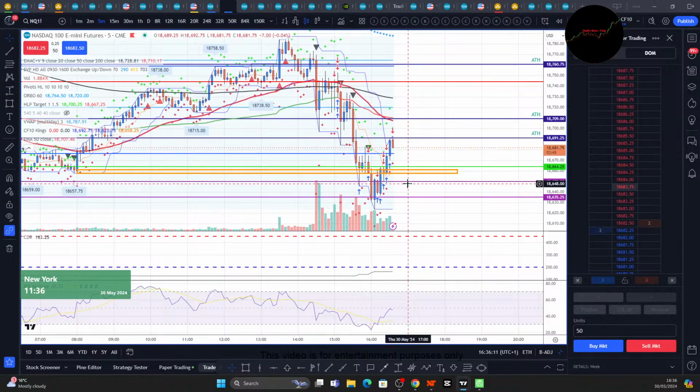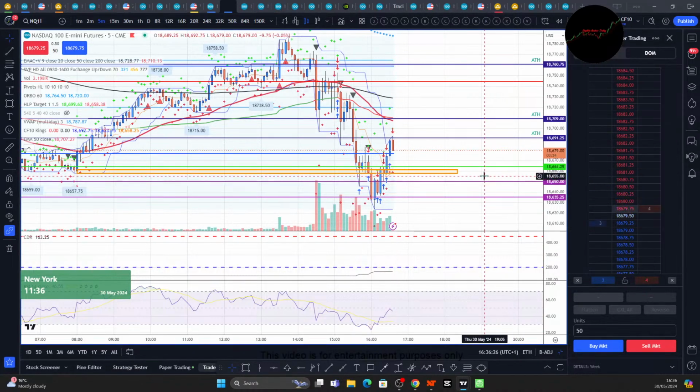Let's just have a look. On the spiders, there is a possible short setup, but we've got to be patient with it. Spiders, the target's down at 55. Pretty big target if it sets up.